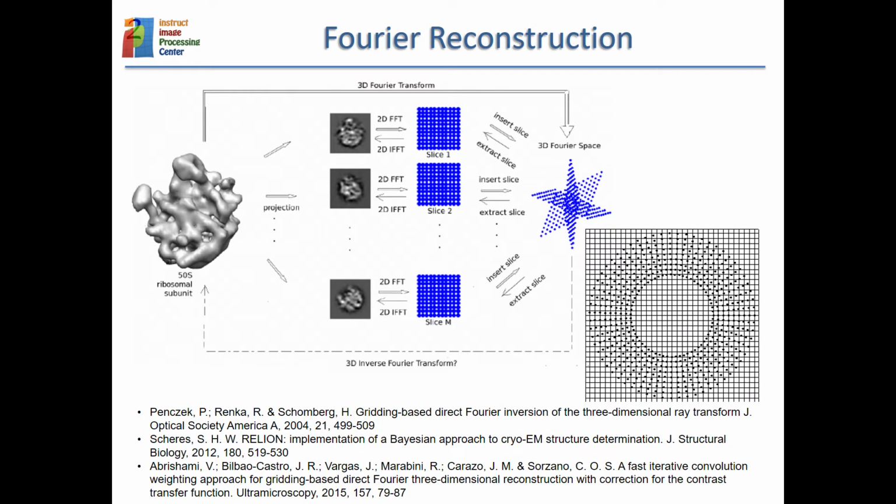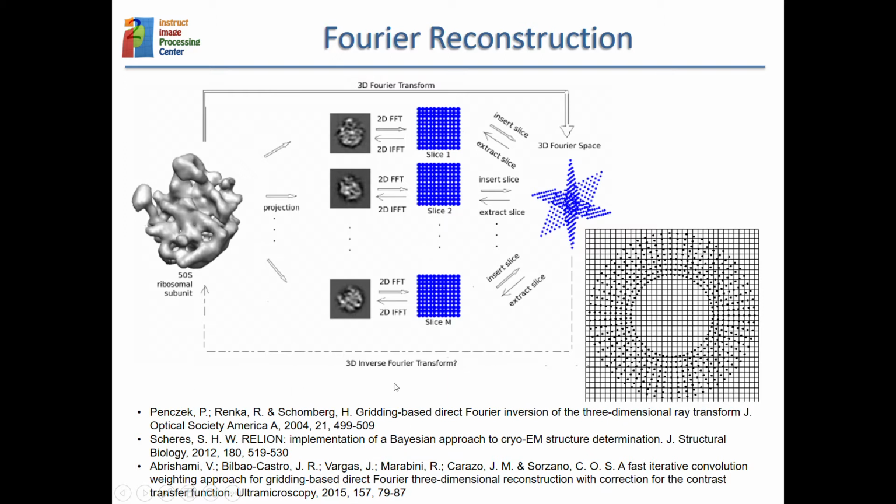We have the same idea in 2D projections going to 3D. So the central regions are overweighted because we measure them more often.